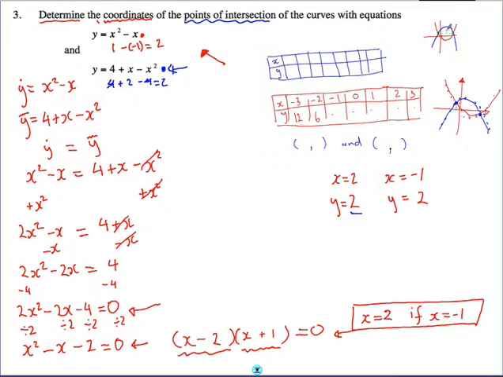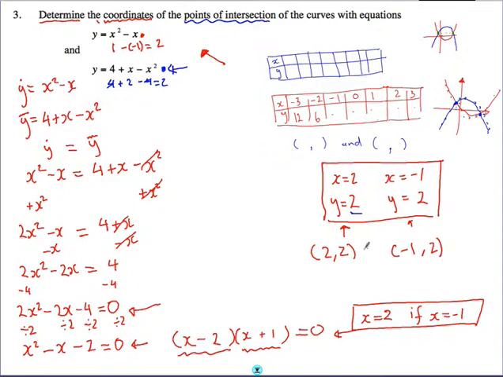I knew something was good about those y's, and they were quite the same. So this is your coordinates. Your coordinates for this point are 2, 2, and for this point it's minus 1, 2. So here is your solution.